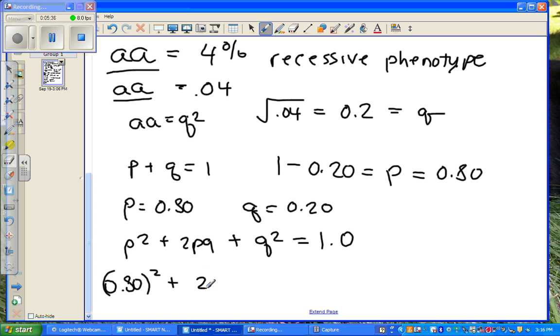The frequency of the heterozygote is going to be 2 times the frequencies of p and q, and the frequency of the homozygous recessive will be q squared, and these will all add up to 1.